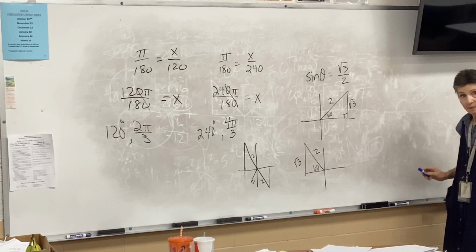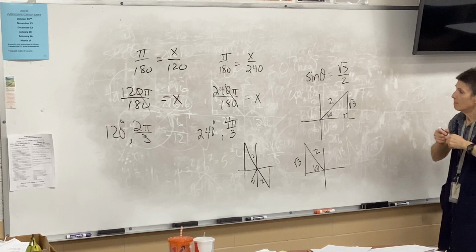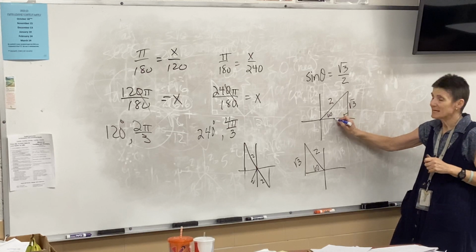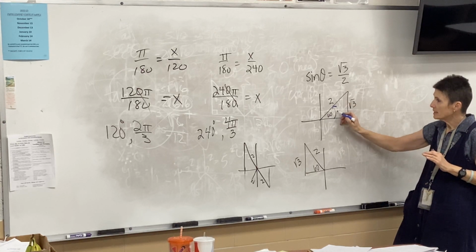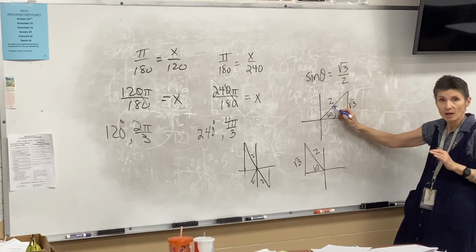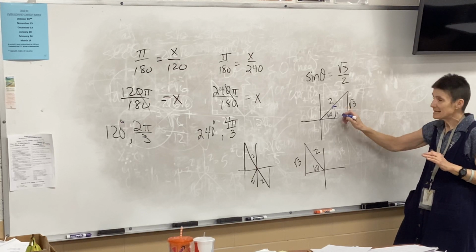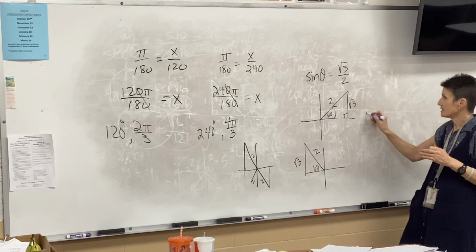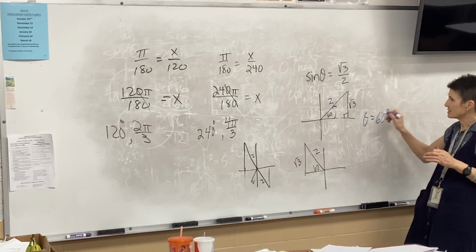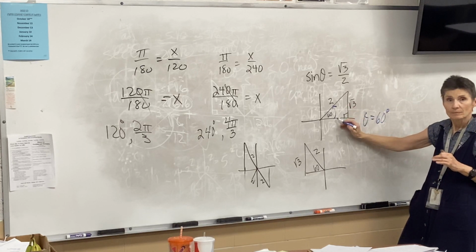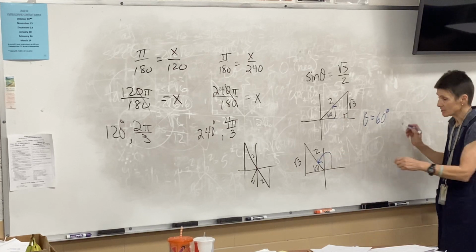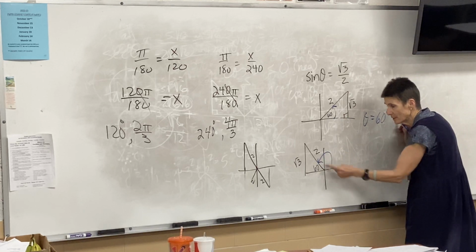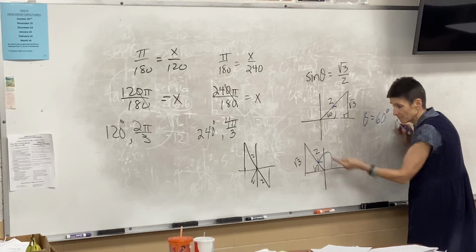Now, your answer must be measured from here. This is where we start. So start right here and go up until you hit the diagonal line. Well, that's an easy one because that is 60. So theta is 60 degrees. This one's not so easy. You got to start here and go around till you hit your angle line.